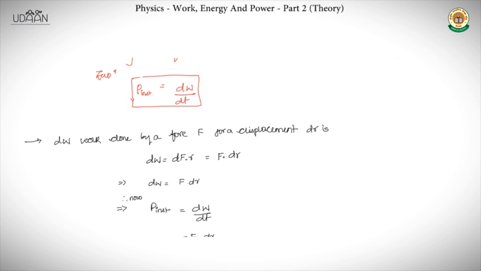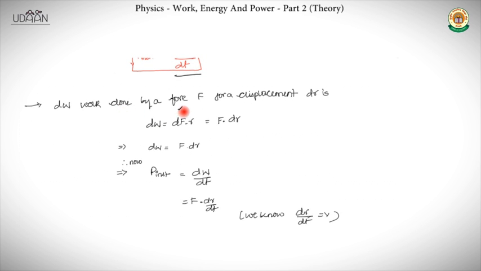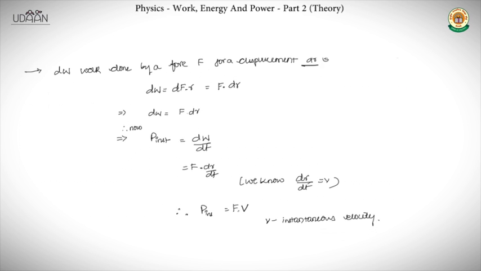Instantaneous power is equal to dW by dt. We can express dW, the work done by a force F for a displacement dr, as dW equal to F dot dr. As work is equal to F into r, we define dW as d of F into r.